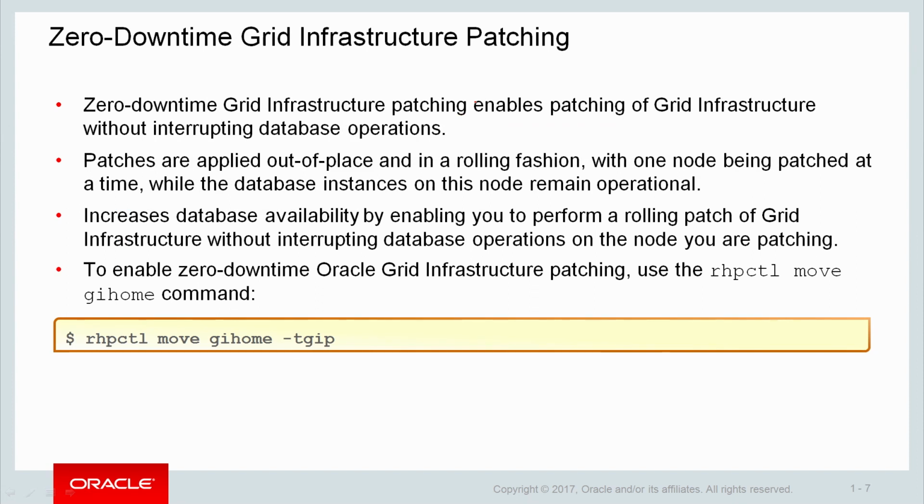Some of the functionality that fleet patching and provisioning gives us in 19C is zero downtime grid infrastructure patching. Now, grid infrastructure is normally patched in a rolling fashion.